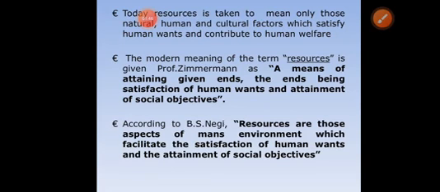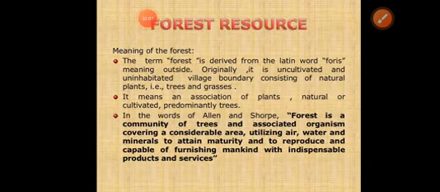There are various kinds of natural resources like land resources, forest resources, water, mineral, food, and energy resources. These resources are mainly used to satisfy human needs and contribute to human welfare. Getting into our topic, forest resources.